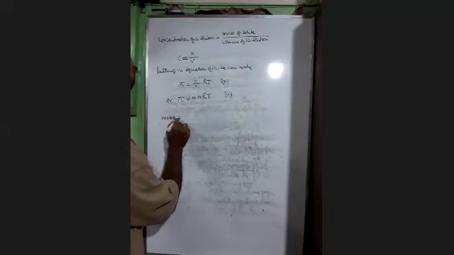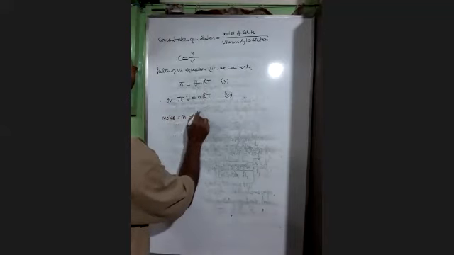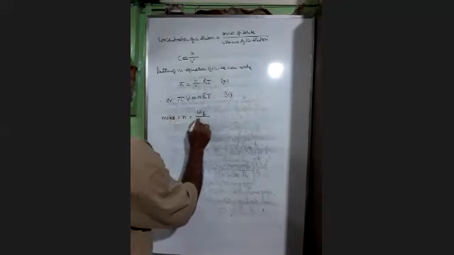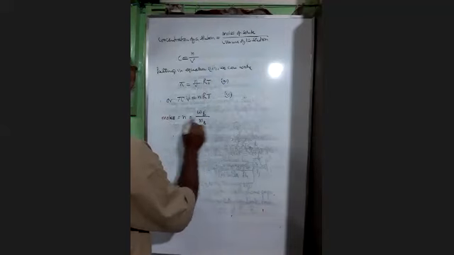Now I'll write again here. What is n? Moles is equal to n. We know n is WB by MB.